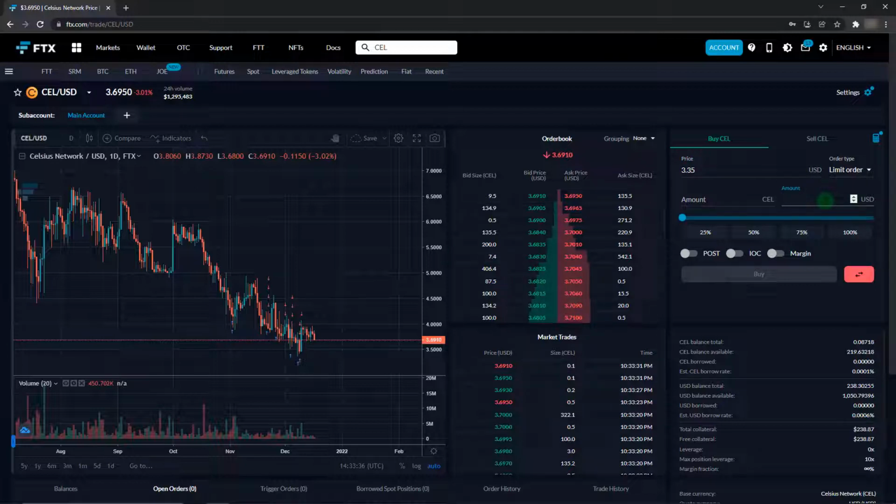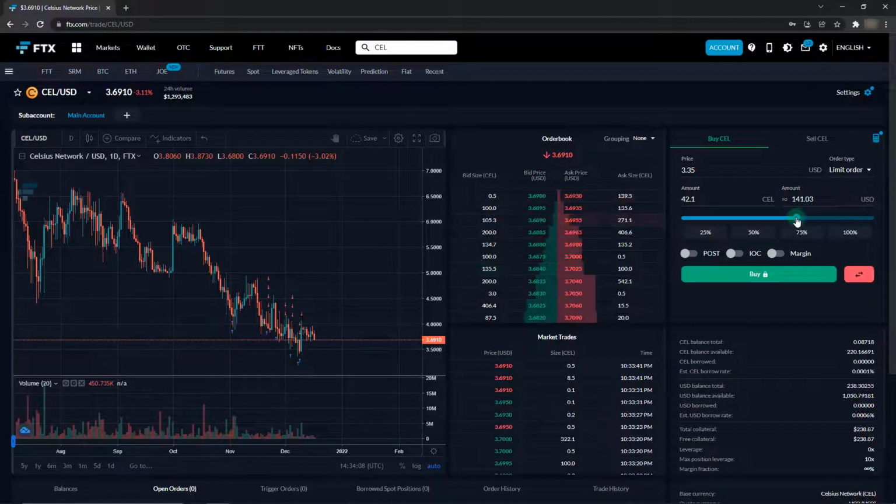So if I would like to spend maybe only about $150 to buy my CEL tokens at this particular price, which is $3.35, I'm going to get 44.7 CEL tokens. So obviously you can adjust the amount of USD that you're going to spend by adjusting this slider. You can maybe move this all the way up to 200 as well, and in that case I'm going to get 59.7 CEL tokens.